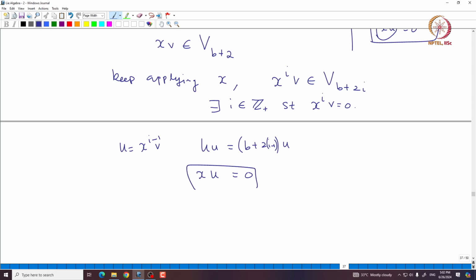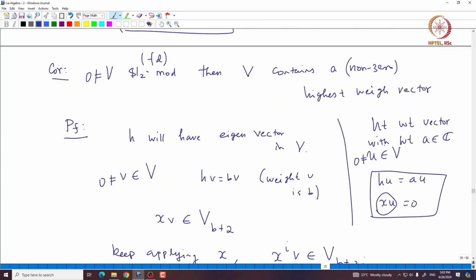Then Xu becomes 0, and since u is an eigenvector for H, it has a corresponding eigenvalue. So, a you take to be b+2(i-1). That means we have a highest weight vector inside capital V.